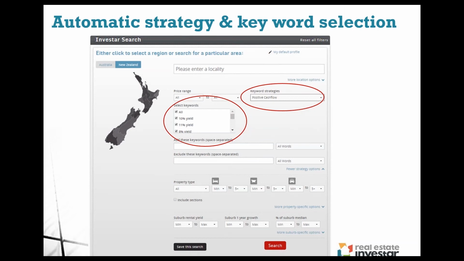Okay, you'll also notice you can manipulate property types, not just the suburb rental yield, but also the property rental yield as well. It can go down to very fine depths, but we need to have a broader scope to start off with.